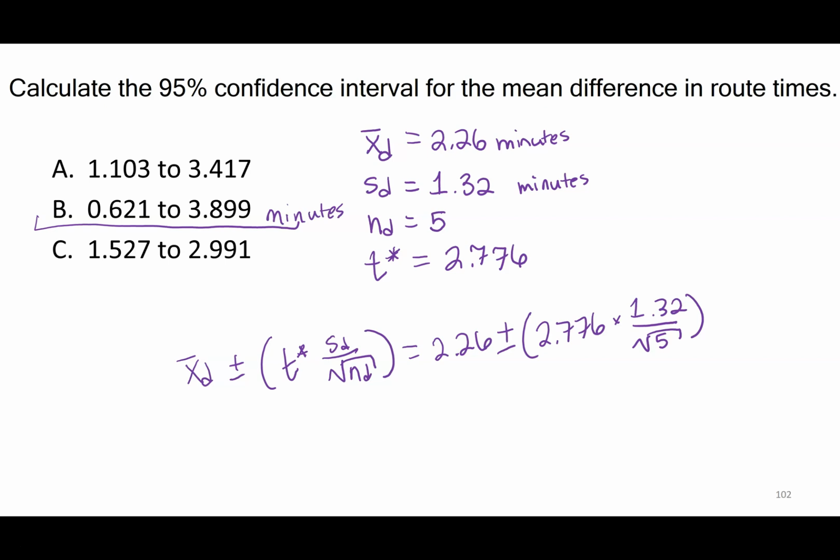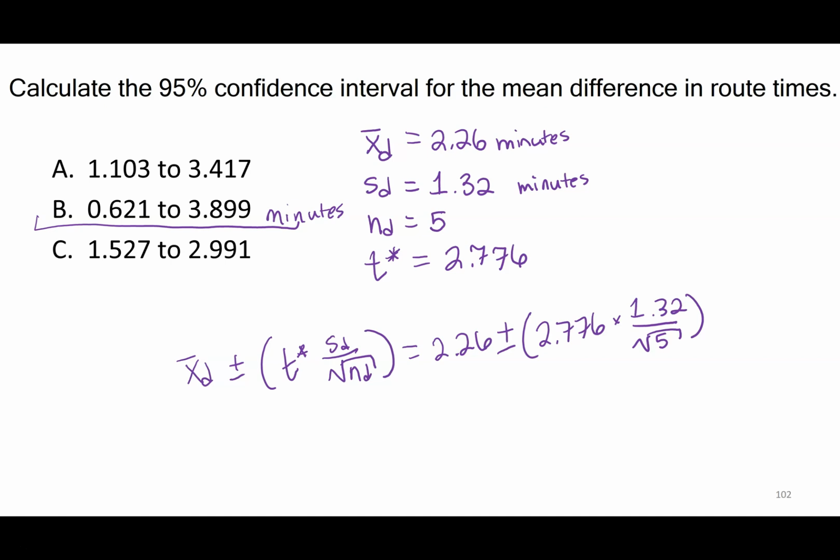So with 95% confidence, the mean improvement in times was 0.621 to 3.8999, however many nines, minutes shorter for the Blasto bike than when they rode the standard bike.